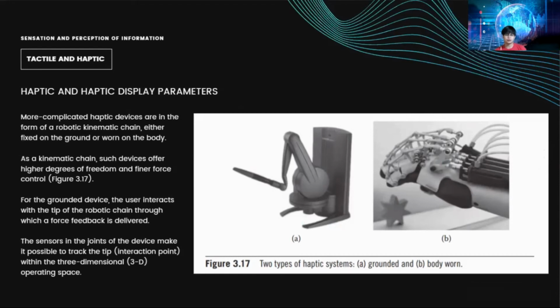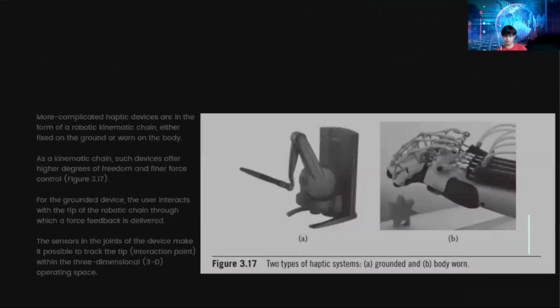For the grounded device, the user interacts with the tip of the robotic chain, through which force feedback is delivered. The sensors and joints of the device make it possible to track the tip, or interaction point, within the three-dimensional operating space.